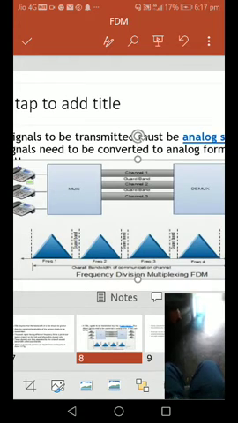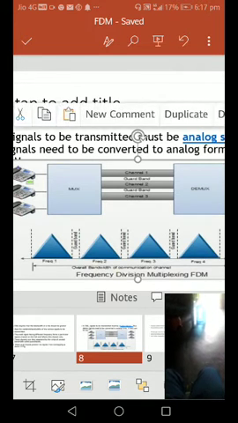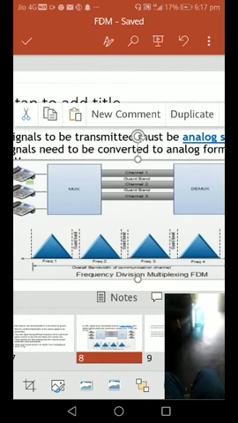After the frequency spectrum of these individual signals, we consider the overall bandwidth of the communication channel.